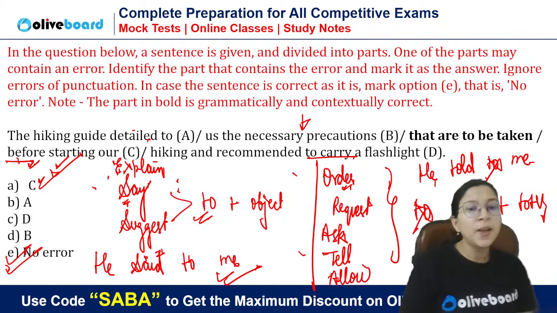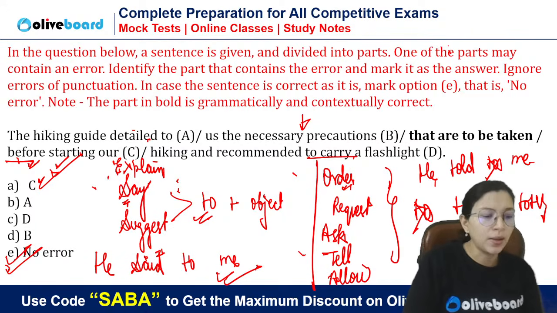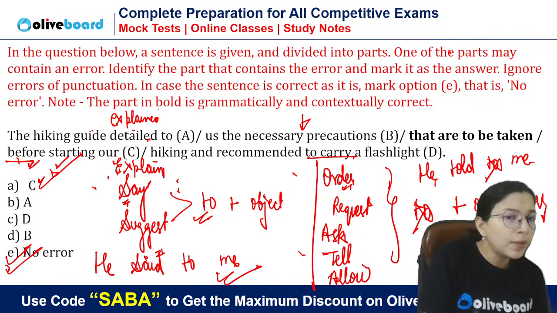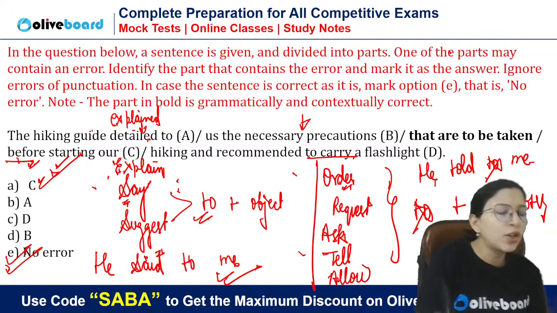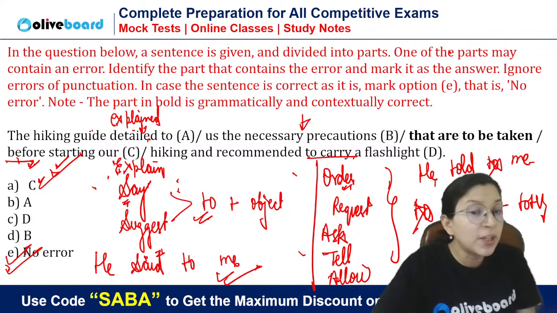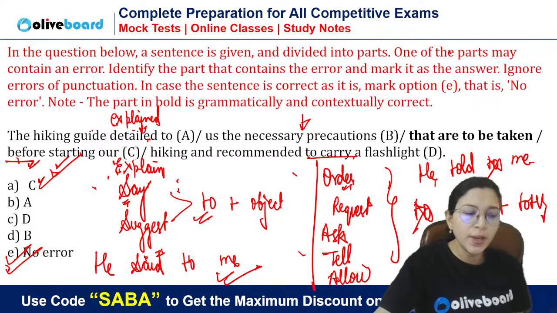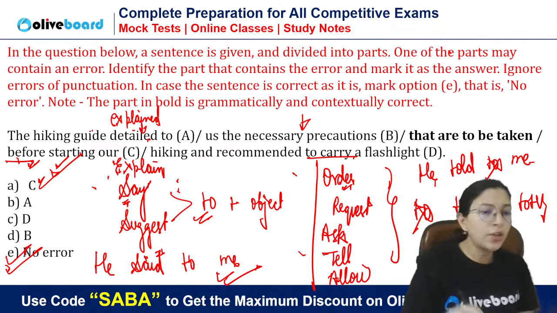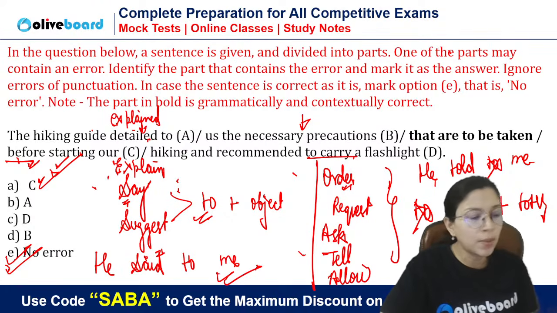There's no error. Detailed is a different thing. Detailed here simply means explained to us. Is this point clear? Do not get confused in the word detail. Detail to us means explain to us the necessary precautions that are to be taken before starting the journey. So there is no error in this sentence. This sentence is absolutely correct.